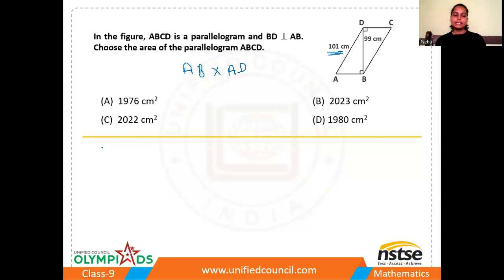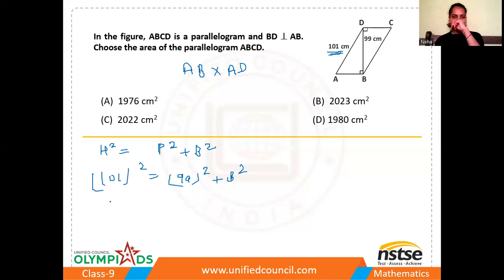Pythagoras theorem, I can say that hypotenuse square is equal to perpendicular square plus base square. What is the value of hypotenuse? It is 101. 101 whole square is equal to perpendicular 99, 99 square plus base square. To make it easy, I can do one thing: 101 whole square minus 99 square is equal to b square.